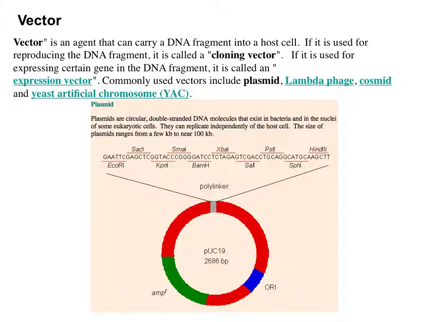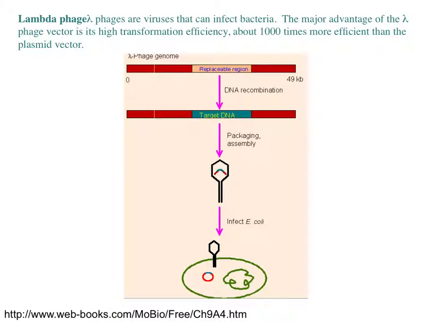And usually in such cases you can clone in small fragments of proteins. Lambda phage are viruses that can infect bacteria. Major advantage of the lambda phage is its high transformation efficiency. It's about 1,000 times more efficient than the plasmid.